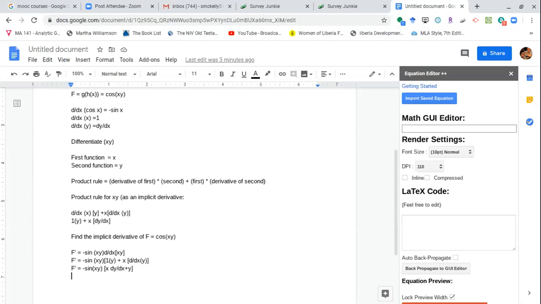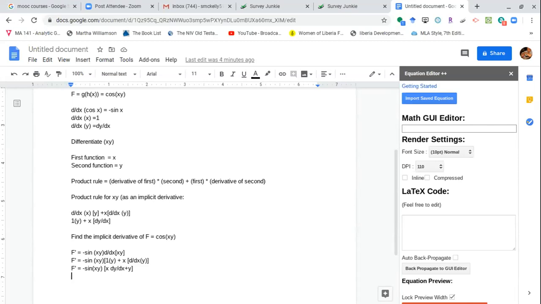Okay? So notice now that I have my dy dx in both terms. You see it? So I'm going to factor out the dy dx on the right. And I'm going to end up with cosine of y plus x sine of xy.